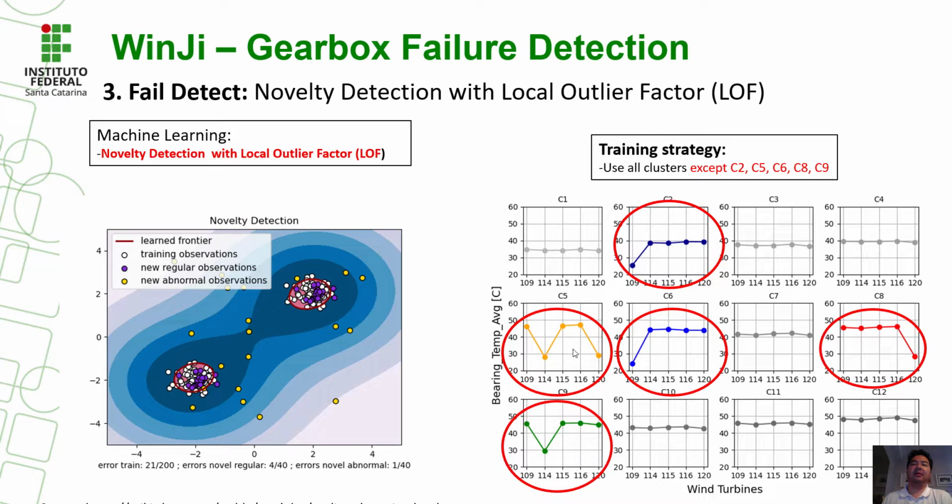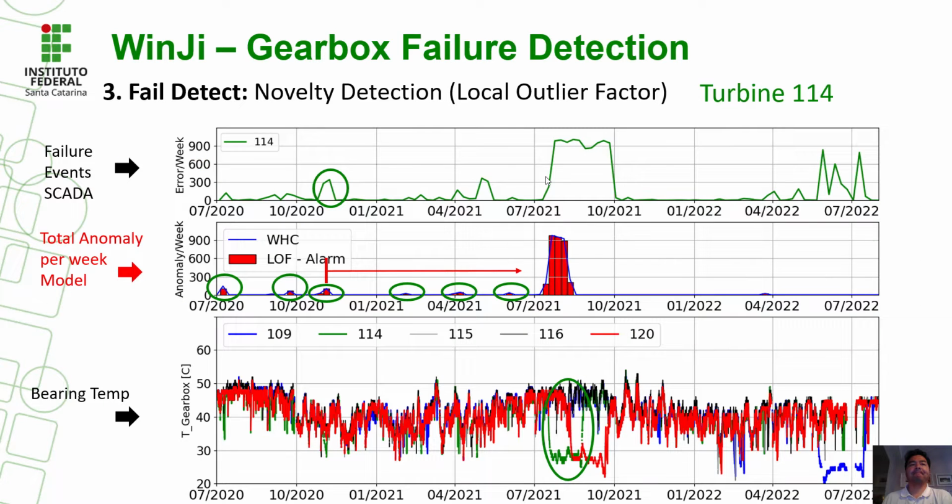If you just want to focus on turbine 109, it doesn't matter if the neighbors have some problem. When I consider this as normal, the LOF will only detect the deviation of turbine 109. Even though the other ones have some problem like this, it will not detect it. I will show you in the next slide.